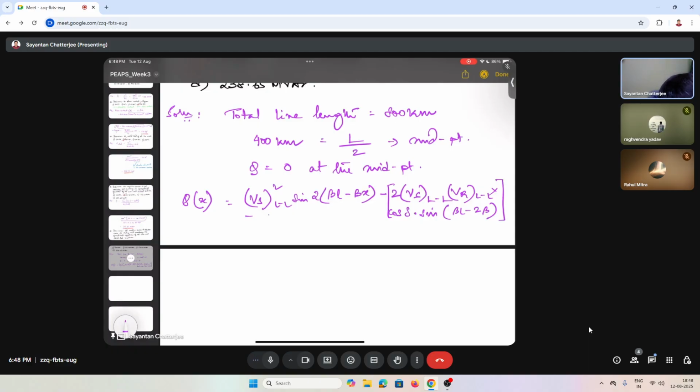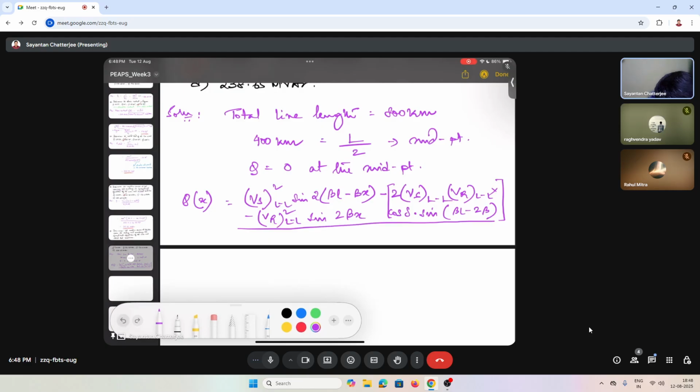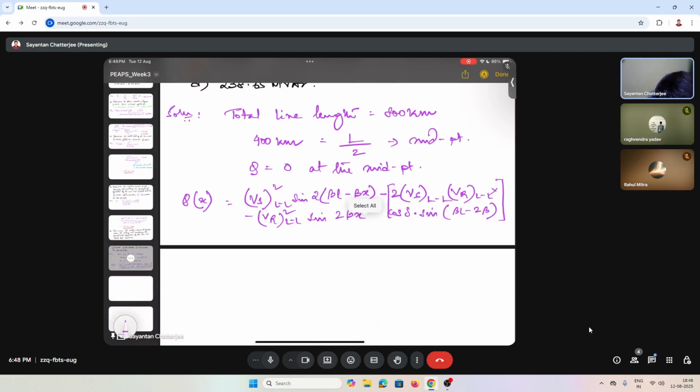We can write again a minus here also, Vr line to line square sin 2 beta x. So this is the whole expression, divided by 2 ZC line.